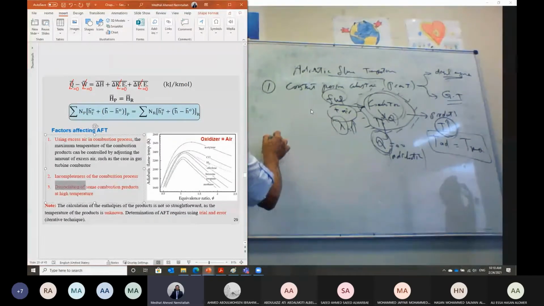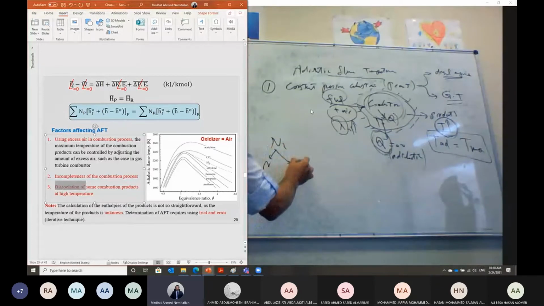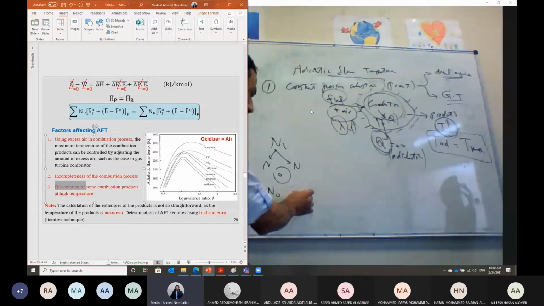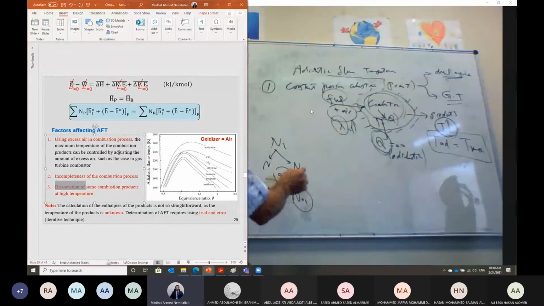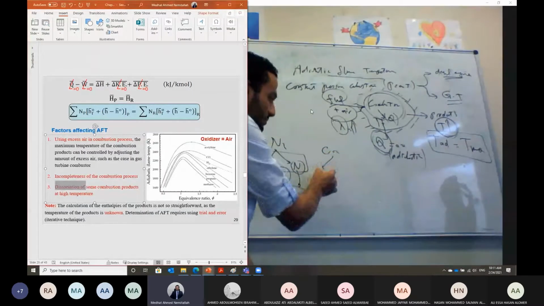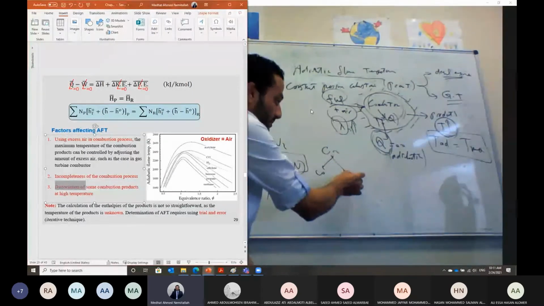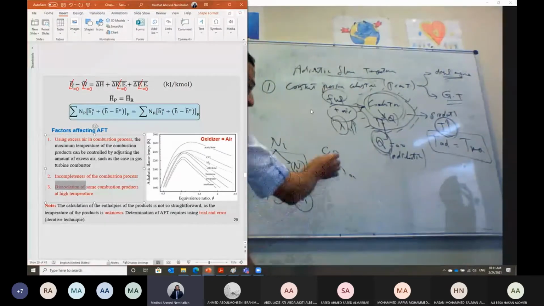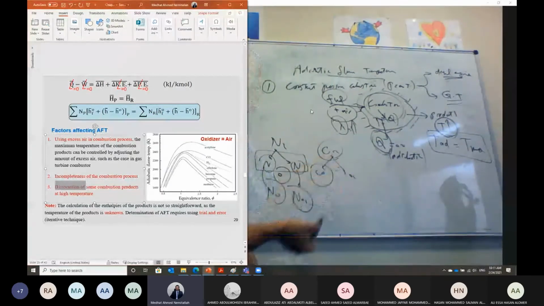As I told you before, this nitrogen is converted to N plus N, and it recombines with oxygen molecule O2 or the oxygen radicals, and at the end it creates NO and NO2. And at the beginning, part of this N, not all of N, will be converted to NO and NO2. Also, the CO2, carbon dioxide, will be converted to carbon monoxide plus O2. That means we have converted the product back into reactant.